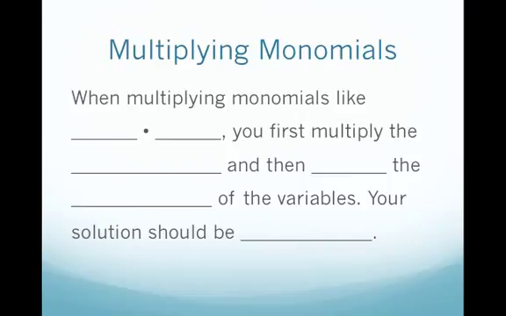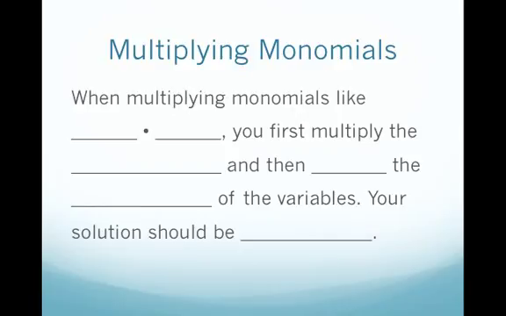Sentence frame, multiplying monomials. When multiplying monomials like blank and blank, in those first 2 blanks, you're going to make up your own problem. You must multiply the blank, and that should be a word, and then blank the blank of the variables.